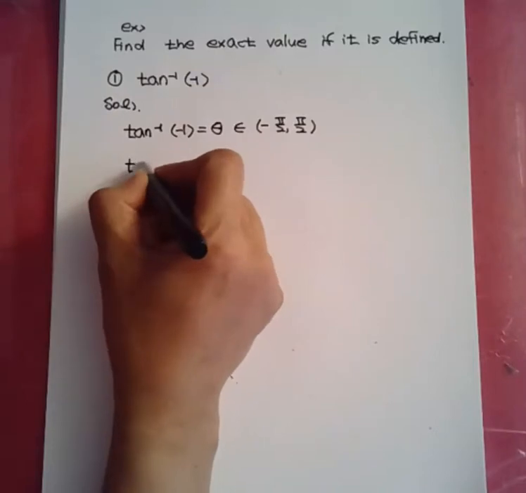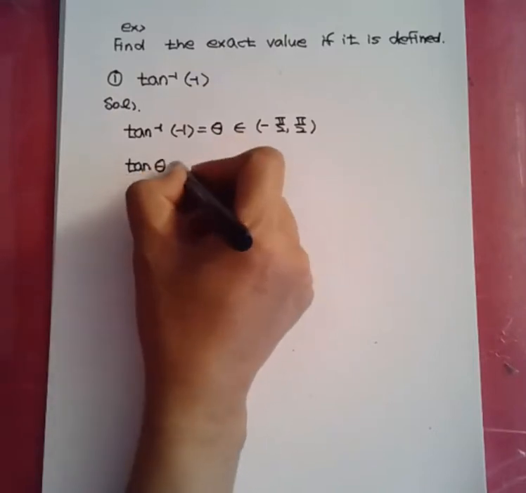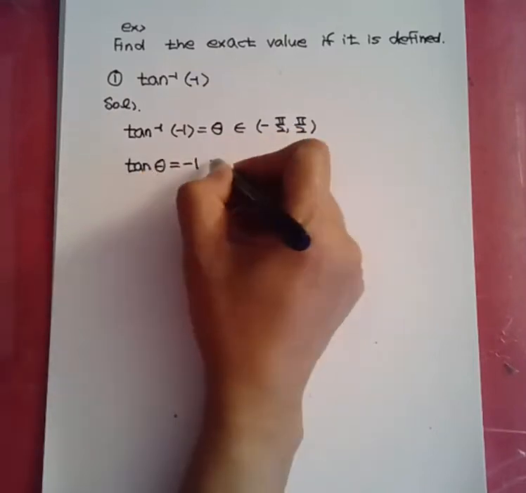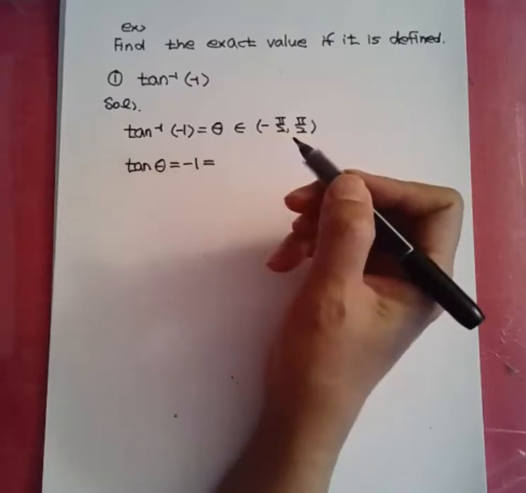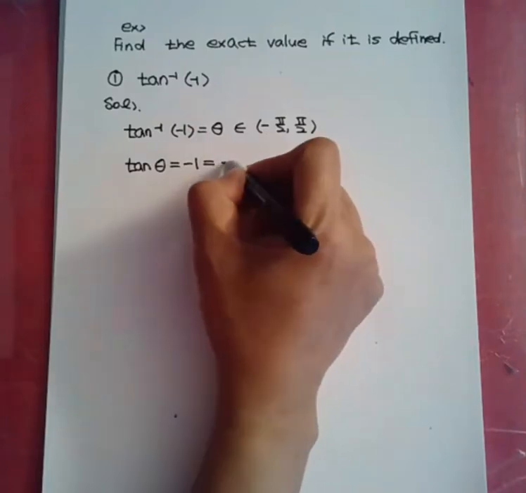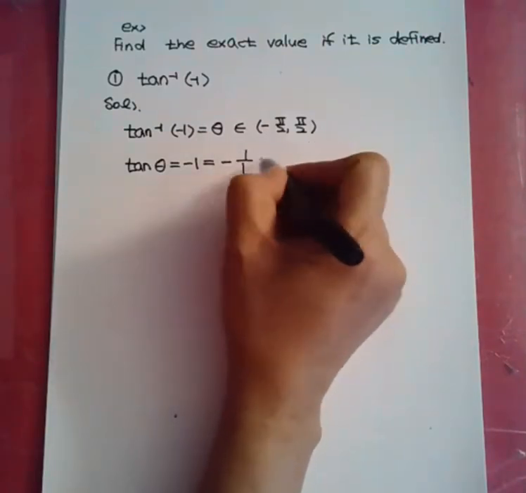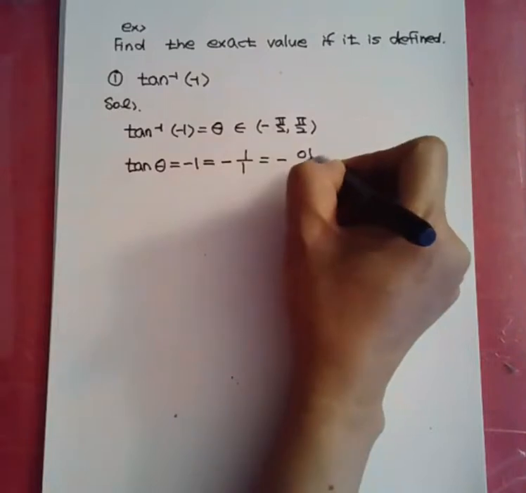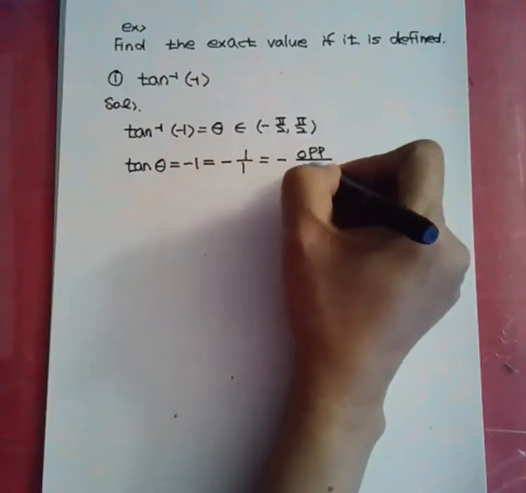That's equivalent to saying that tangent of theta equals minus 1, using the original definition of tangent. That means minus 1 over 1, which comes from opposite over adjacent.